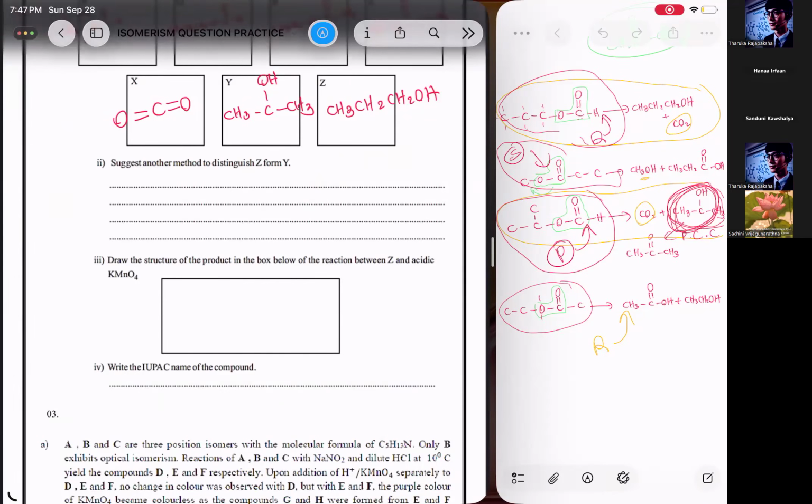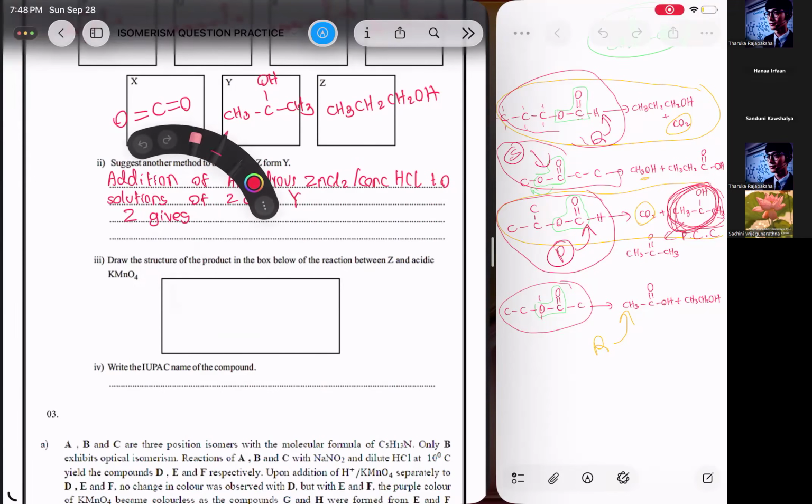Addition of anhydrous zinc chloride, conc HCl, to solutions of Z and Y. Then write: Z does not give turbidity.